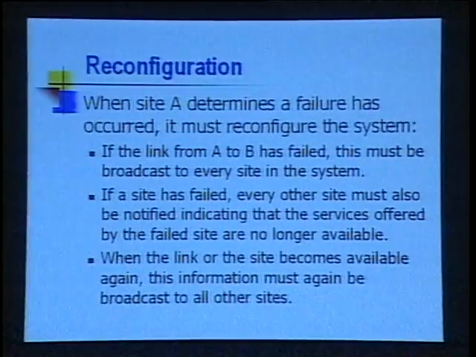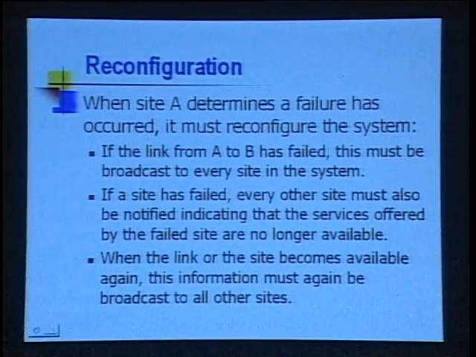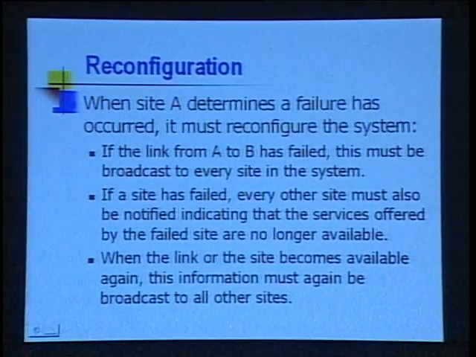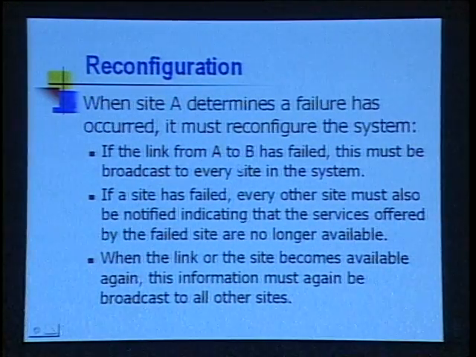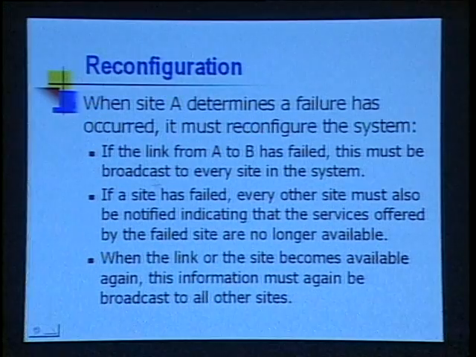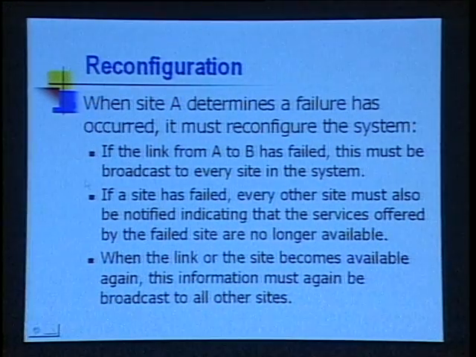The next important issue in the robustness of the network is its reconfiguration. When site A determines a failure has occurred, it must reconfigure the system. For example, if the link from A to B has failed, this must be broadcast to every site in the system.